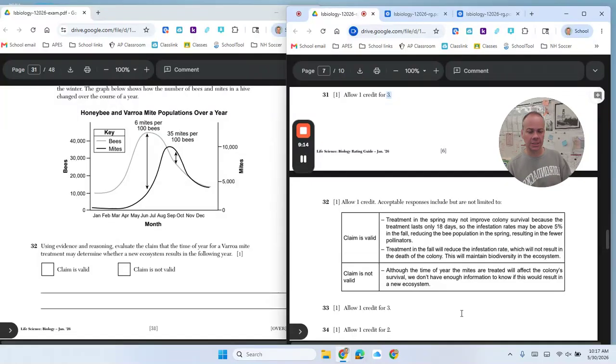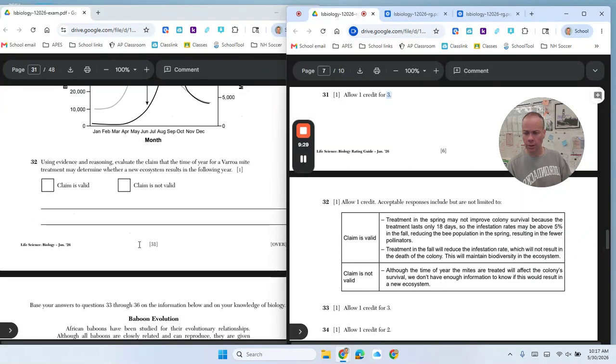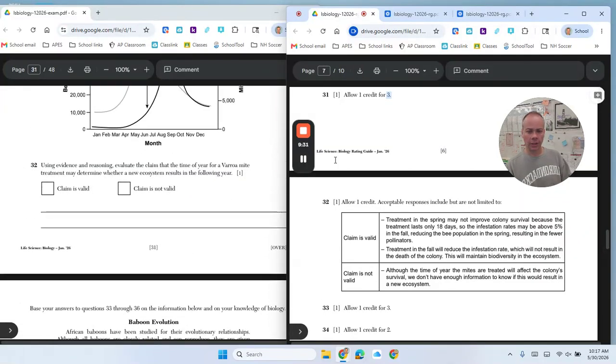You could say the claim is not valid. You could say time of the year will not affect the colony survival because we don't have information about that. So something along those lines, that we need more data to support that claim. Okay, that's the end of that cluster.